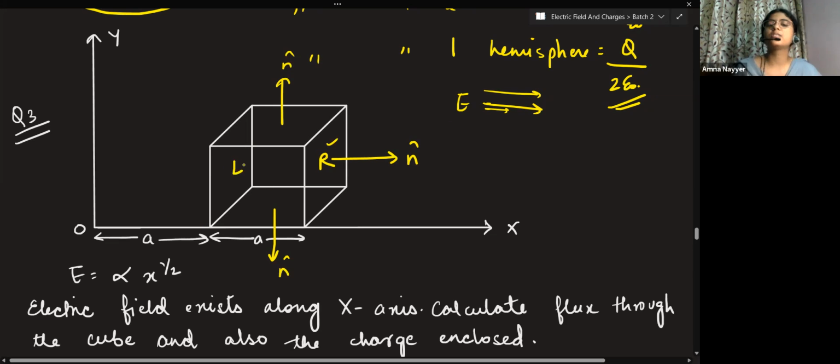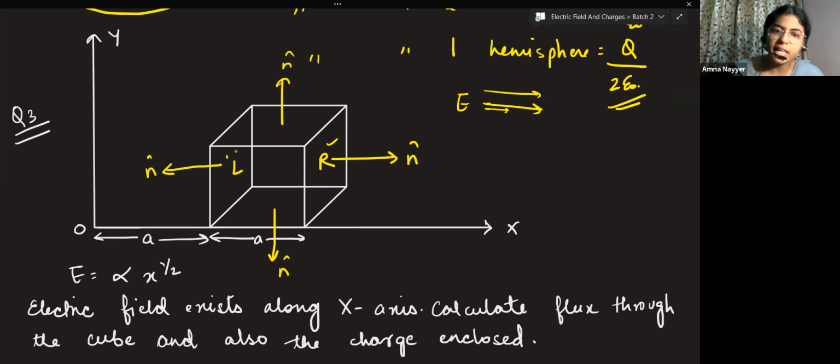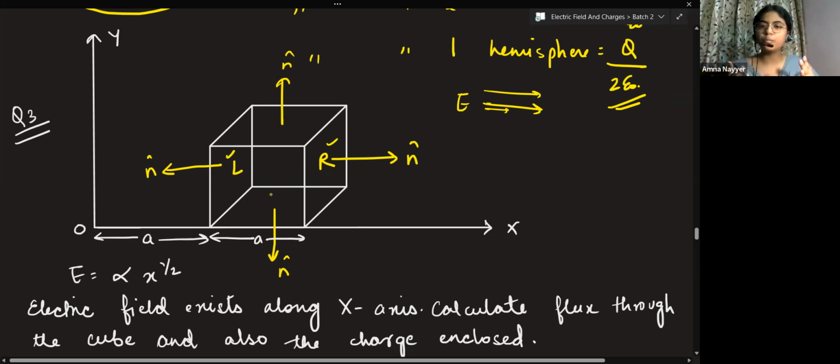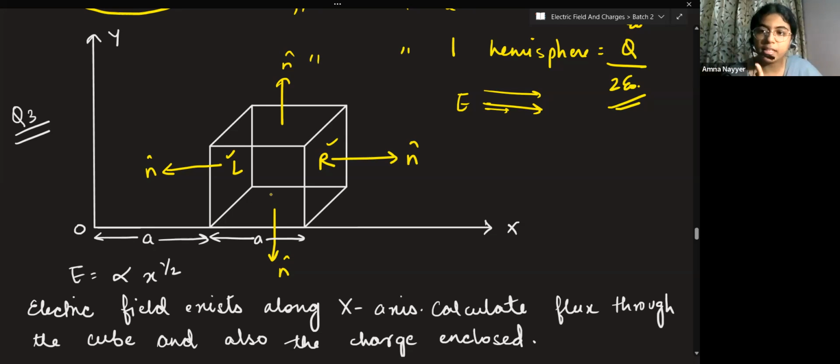The same is the case with the left surface. If I drop a perpendicular n cap on this surface, n cap and the electric field are anti-parallel, directed at 180 degrees, so flux will be given by the left face too. So if you have a cube and an electric field, you have to check whether each face contributes to the flux or not.